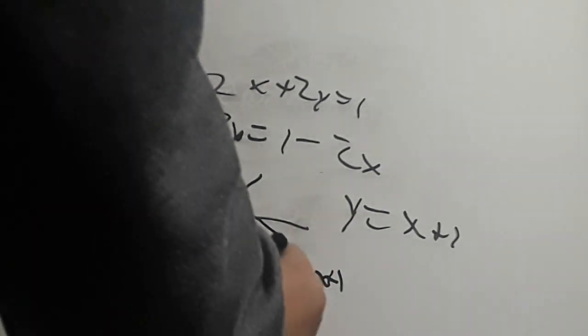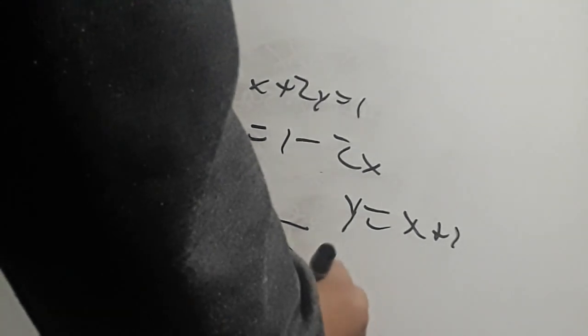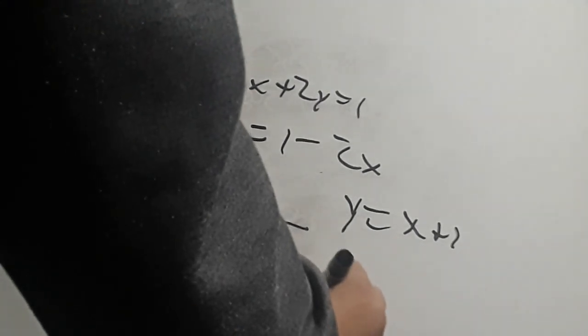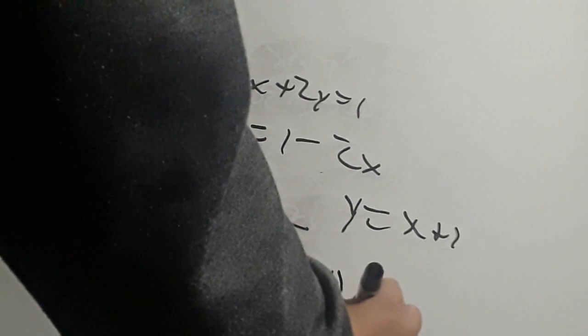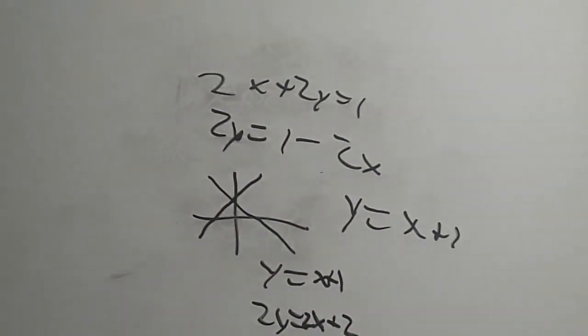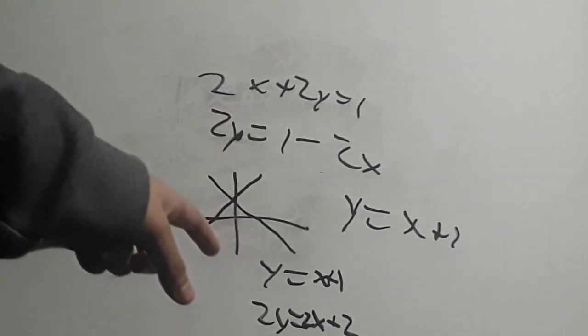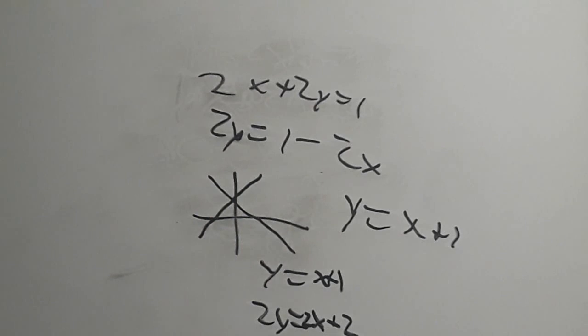and then you have 2y equals 2x plus 2. Let's just start plugging in arbitrary values. Wait, I don't think that works.